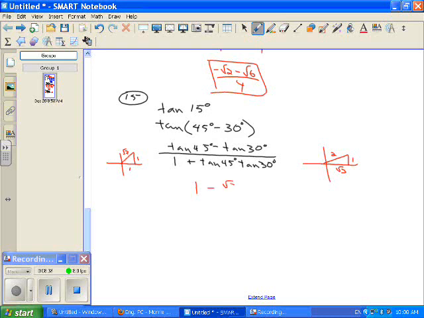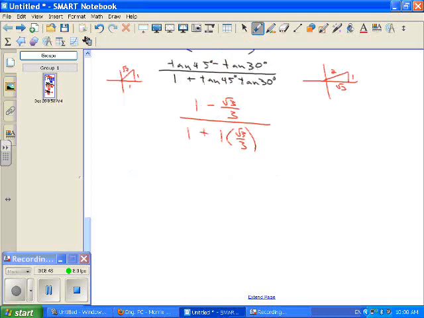That's square root of 3 over 3. Over 1 plus tangent of 45 is 1 times tangent of 30 we just found to be square root of 3 over 3. All right, so I have fractions within fractions here, so I'm going to have to get common denominators. So instead of a 1, I'm going to have a 3 over 3 minus square root of 3 over 3. Over, same thing down here, 3 over 3 plus square root of 3 over 3.